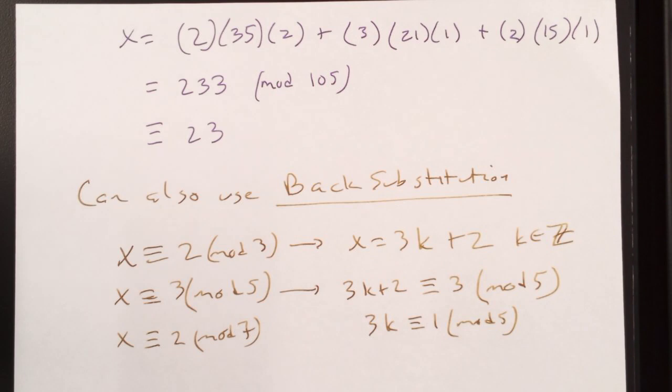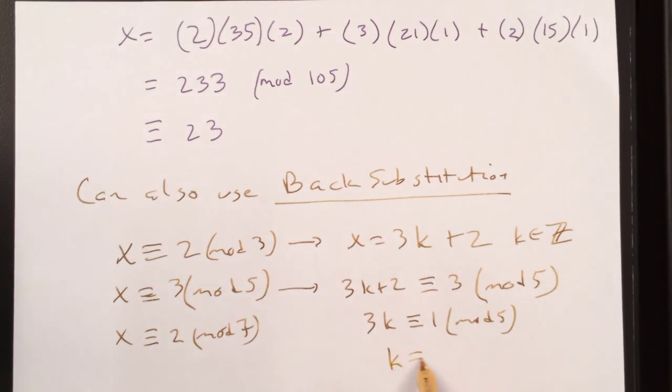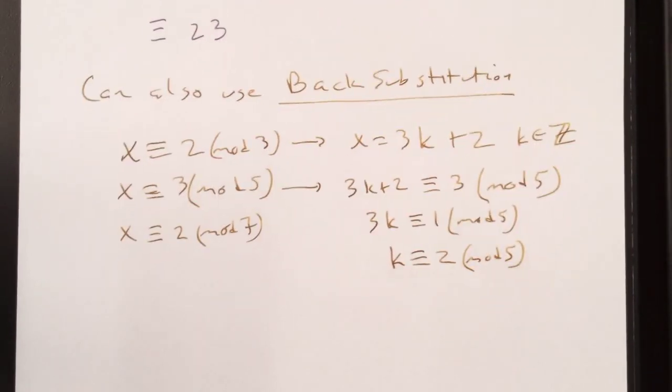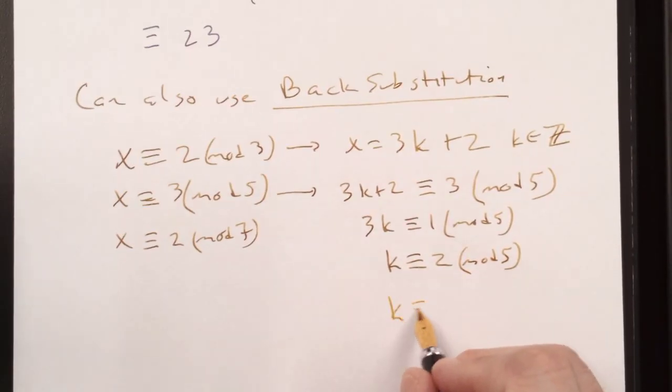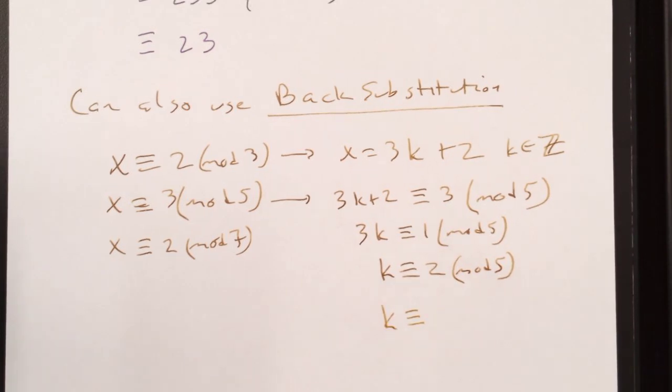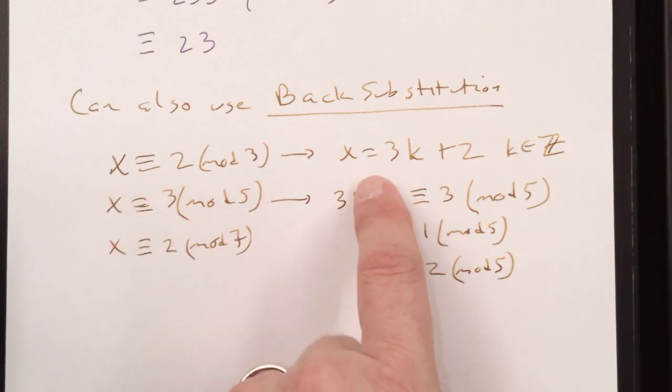What solves this equation? k is equal to 2, because 3 times 2 is 6. That's congruent to 1 mod 5. Wait a minute. If k is congruent to 2 mod 5, that means that k can be written as what? I already know that x is 2 mod 3.